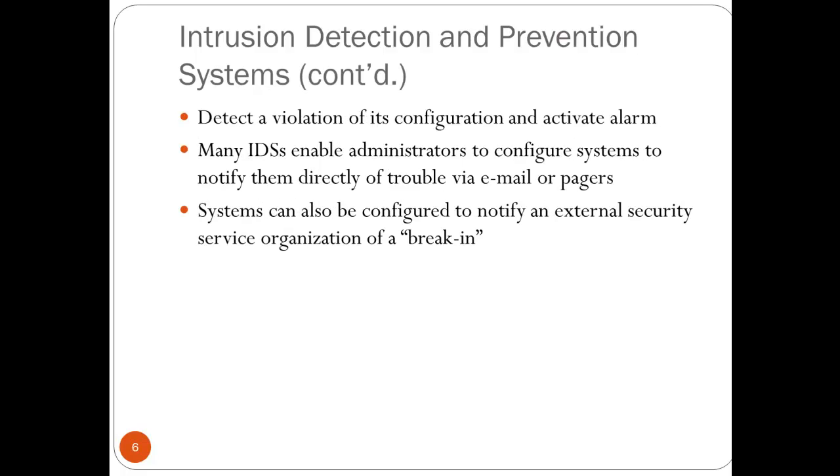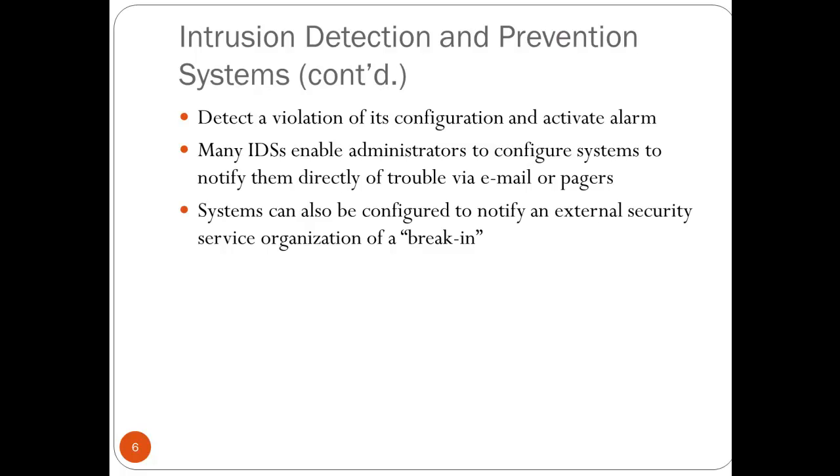Intrusion detection and prevention systems are really designed to detect a violation of their configuration and activate some sort of an alarm. System administrators can choose from a variety of different configurations of the various alerts and the associated alarm levels for each type of alert. No two organizations are going to do this the same.